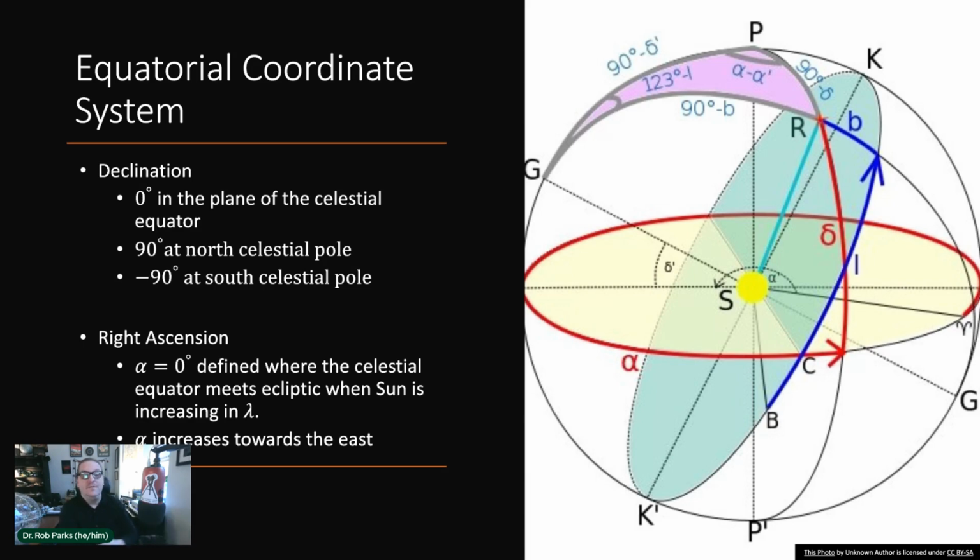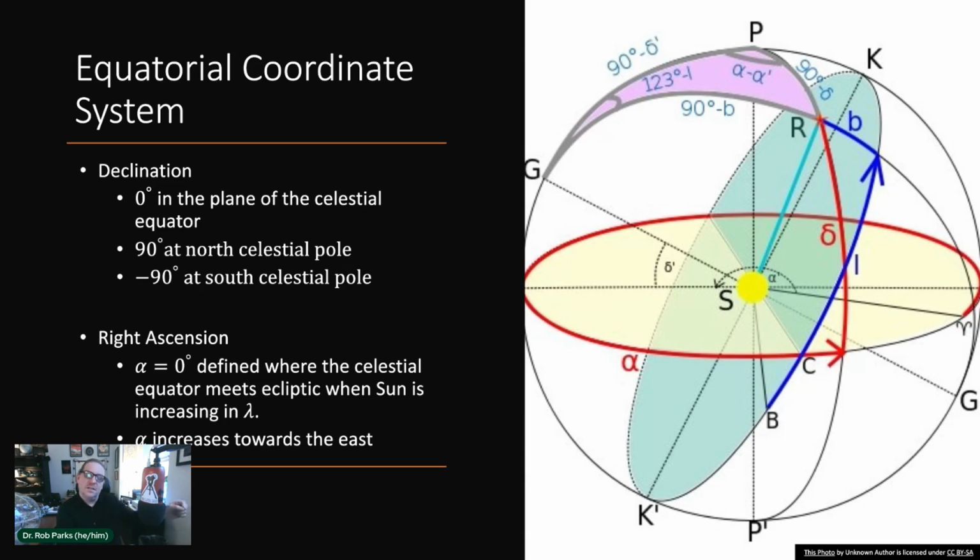And then if you keep going, it's going to be negative 23.5 degrees and then back to 0 again. Those points, the 0 where it's rising through the celestial equator, that is the vernal equinox. The point at which it's at positive 23.5, that is the time of the summer solstice.